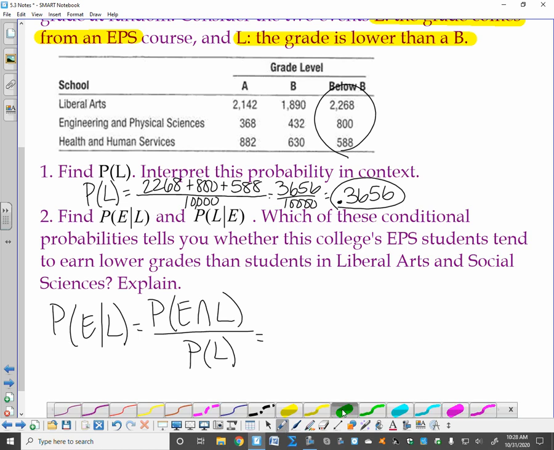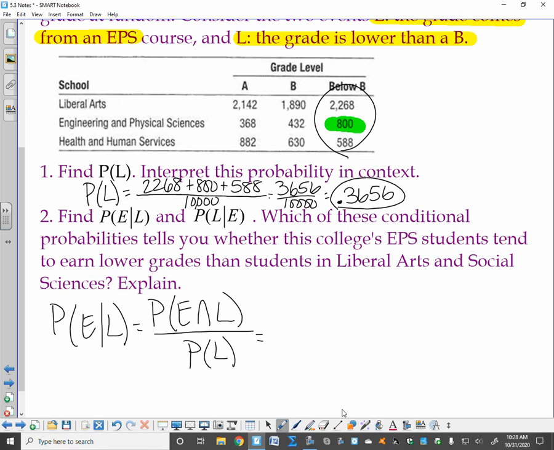I am engineering and physical science and below a B. There are 800 of me, over the probability of L, and L is that I am below a B. Or yeah, I am the total number that is below a B, 3656. And I divide that out, and I got 0.219.